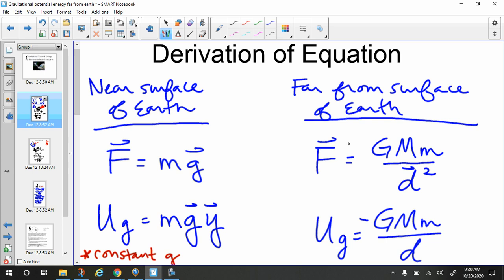But when we start looking at things far from the surface of the Earth, so things that are orbiting the Earth, we need to use a different force of gravity equation. So we're using force of gravity equals G, the gravitational constant, times the mass of the first object times the mass of the second object.